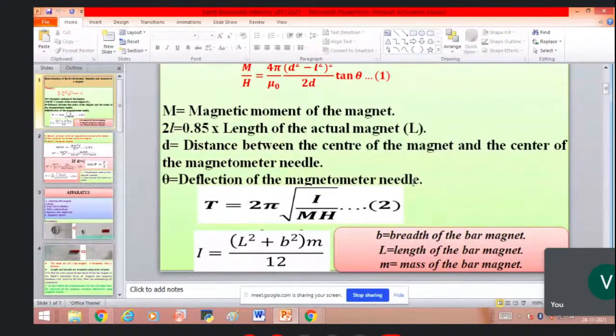T is equal to 2 pi root over I by MH, where I is the moment of inertia, and the moment of inertia is related to the length of the bar magnet and the breadth of the bar magnet and the mass of the bar magnet.